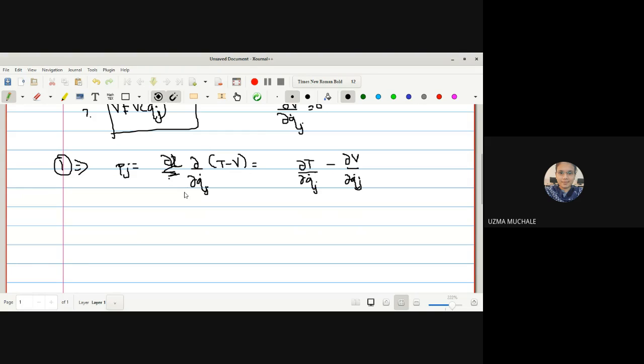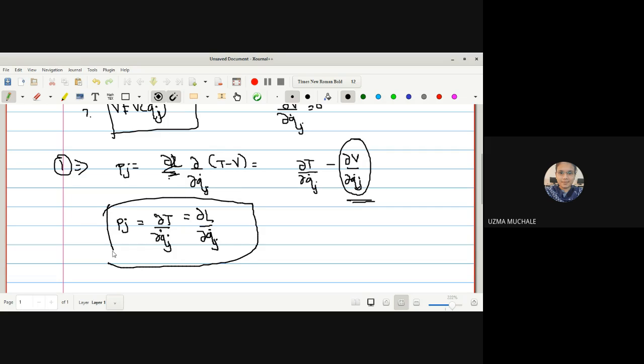So here L is nothing but T minus V, and I have simply substituted that. But in a conservative system, dou V by dou Qj dot is 0, because it is not a function of the generalized velocity. So dou T by dou Qj dot is the same as dou L by dou Qj dot in a conservative system. So the generalized momentum in a conservative system is given by Pj is equal to dou L by dou Qj dot, or equal to dou T by dou Qj dot.